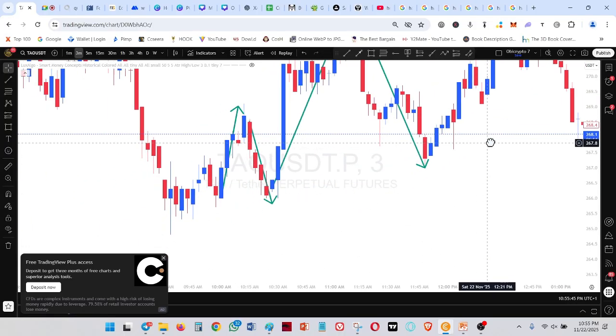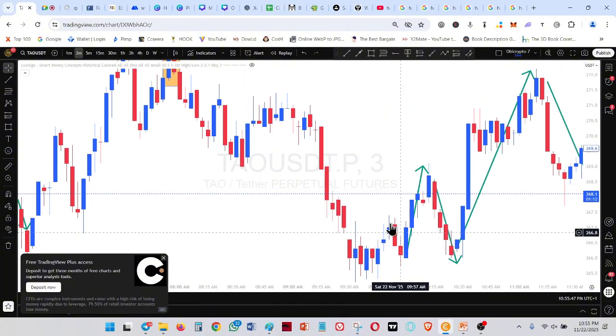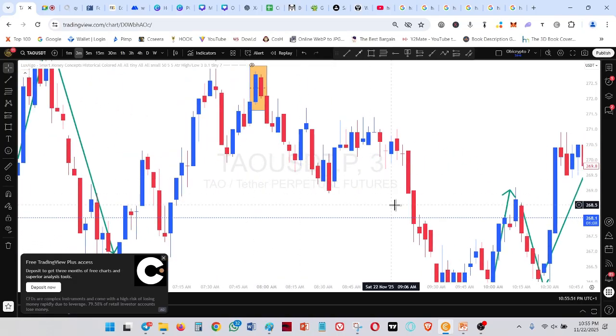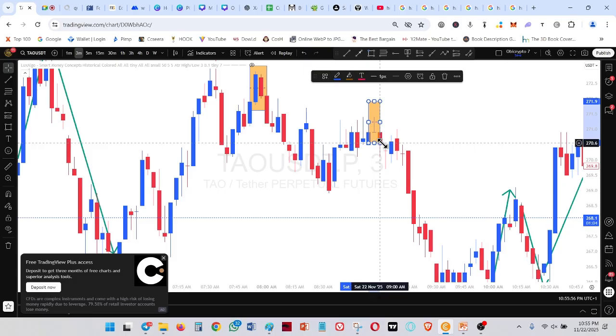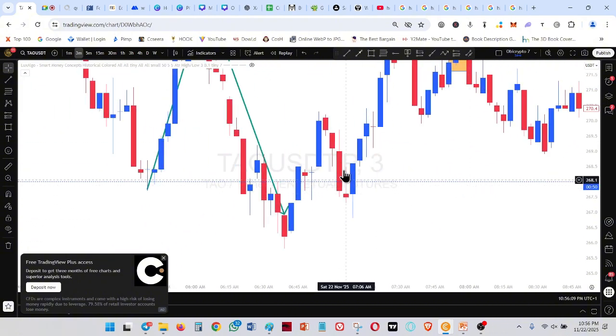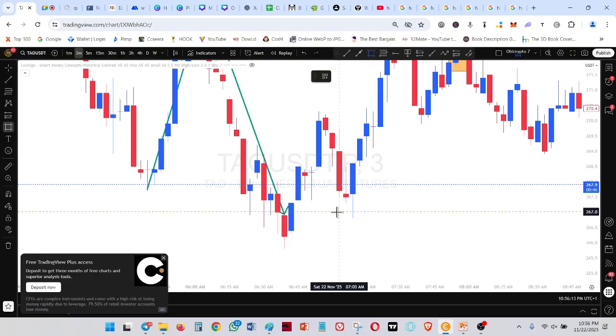But then, let's go back again and continue. We are going to get it. Here is one. Can you see it? This one, the head is not big at all. It doesn't have a big head. This is an inverted hammer, this red one.